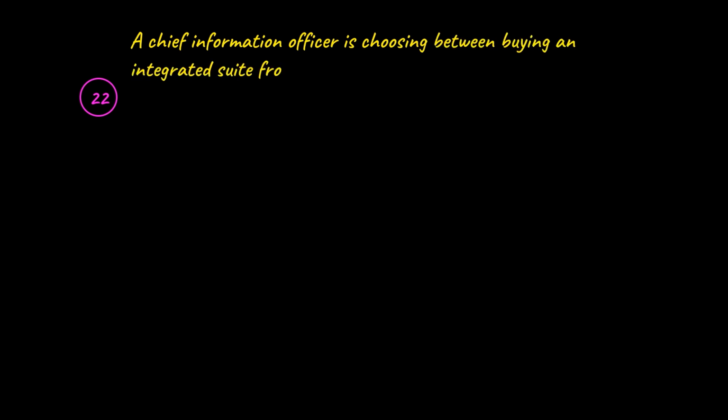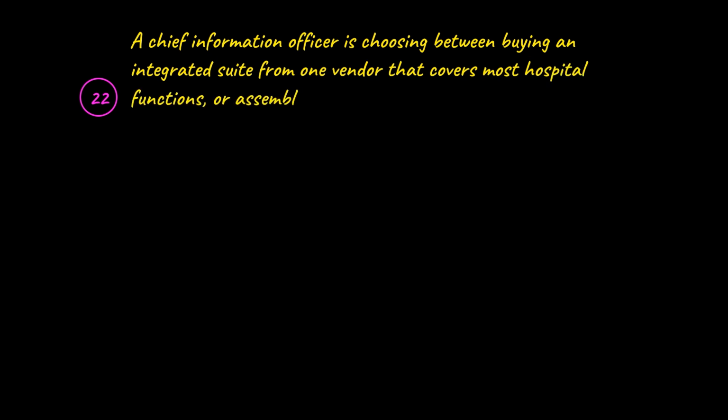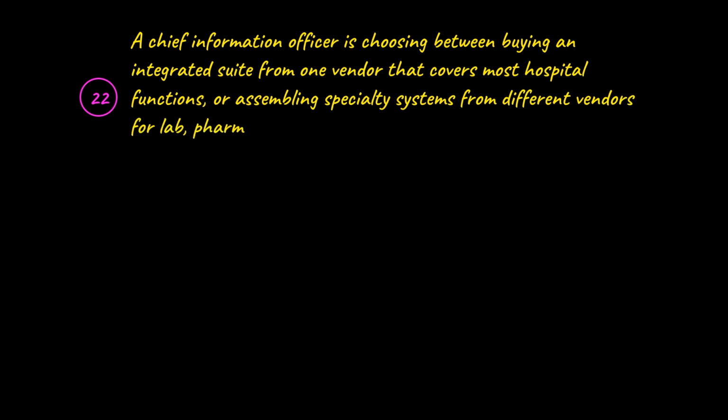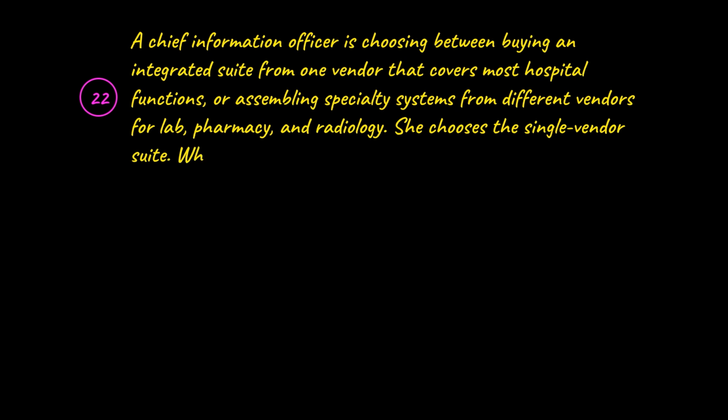Question 22. A chief information officer is choosing between buying an integrated suite from one vendor that covers most hospital functions or assembling specialty systems from different vendors for lab, pharmacy, and radiology. She chooses the single vendor suite. Which term describes her approach?